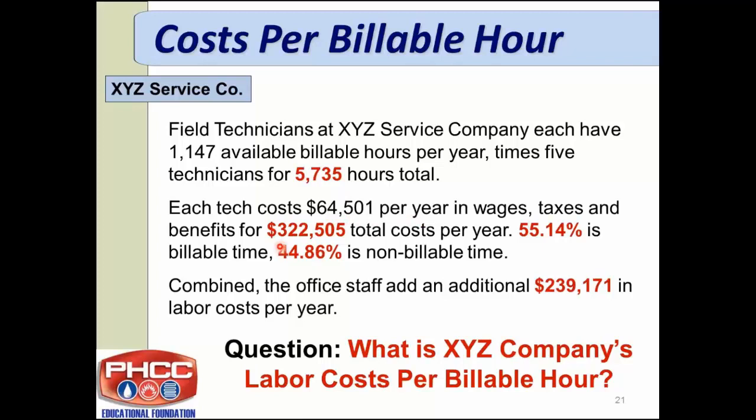Add all that up, and that's $322,505, and a little over 55% of that time is billable. These office staff, we determined, are clocking in at $239,000 in additional labor costs. What is XYZ Company's labor cost per billable hour?